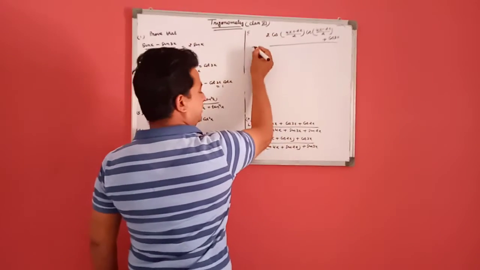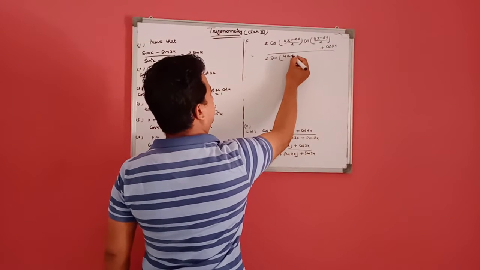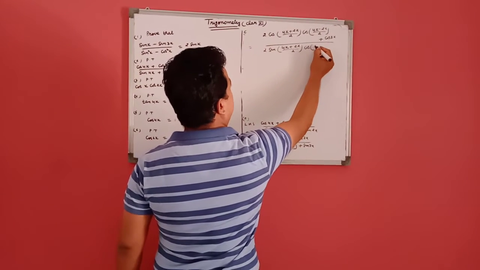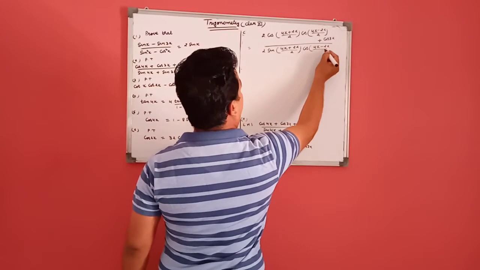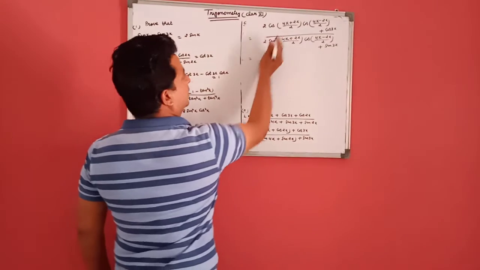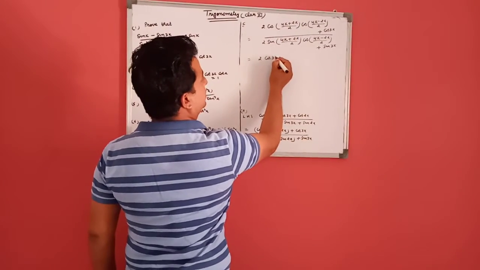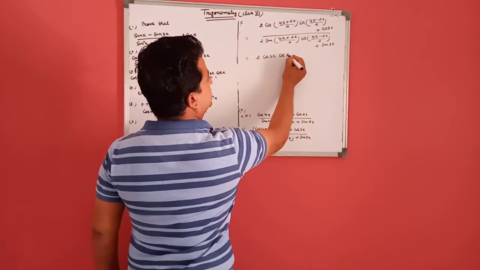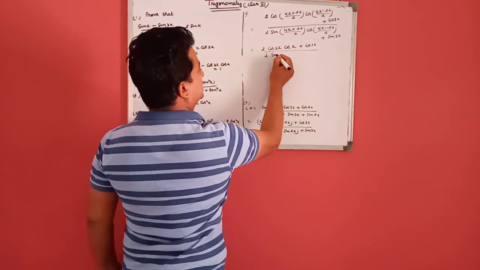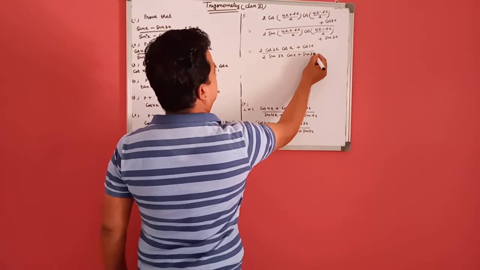In the denominator, the formula is 2 sin (C plus D)/2 into cos (C minus D)/2 plus sin 3x. This becomes 2 cos 3x cos x plus cos 3x, and 2 sin 3x cos x plus sin 3x.